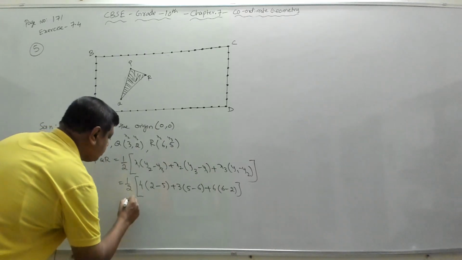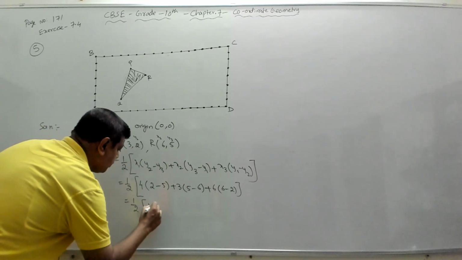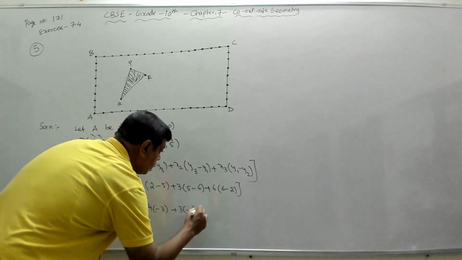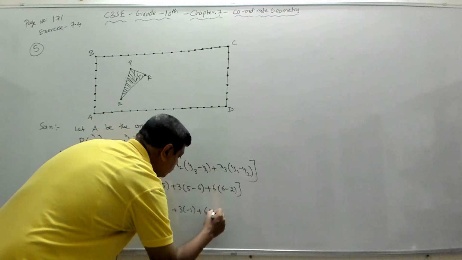Now if you simplify, you get 4 into 2 minus 5, plus 3 into 5 minus 6, plus 6 into 6 minus 2, which is 4.